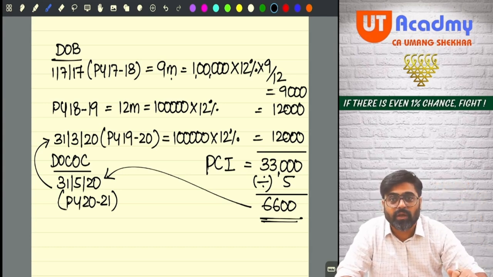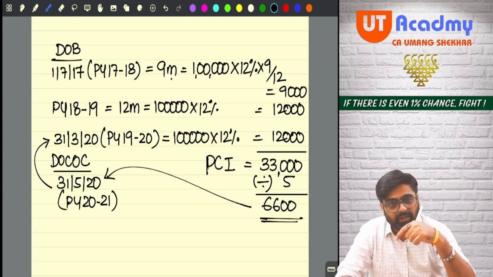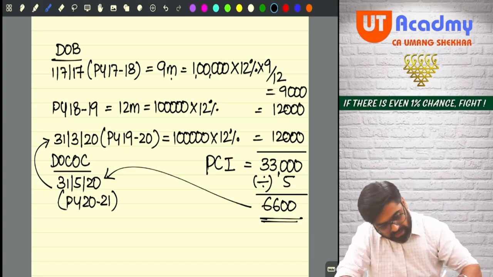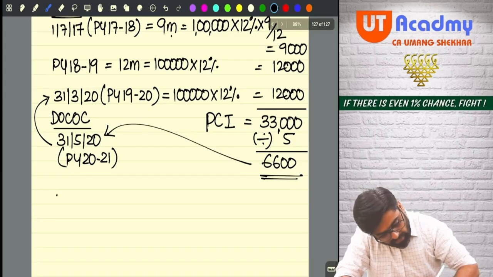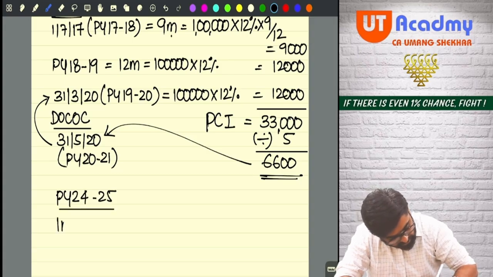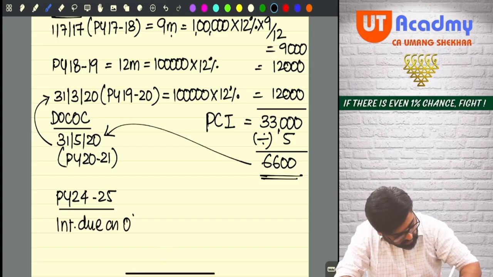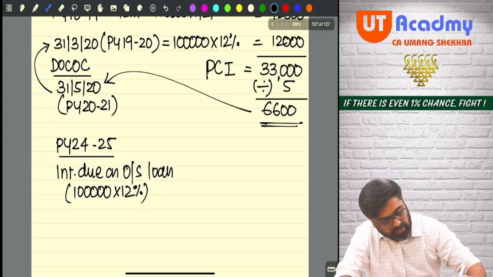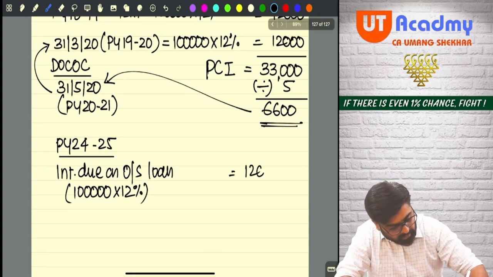Yes or no? And along with this, the normal interest for my current year will also become due, no? So in the current year 24-25, the interest due on the outstanding loan is what? 1 lakh rupees was outstanding. On that 12% I will have to pay for this year. This is my normal interest for the current year.